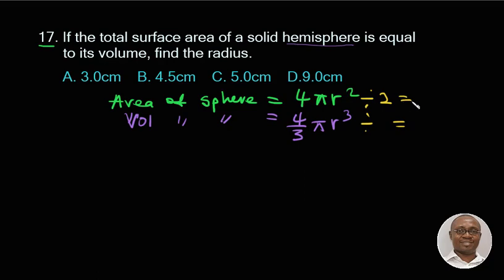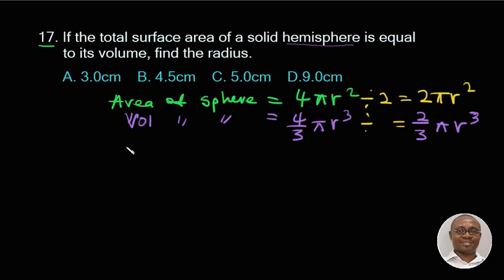So if this is divided by 2, we end up with 2 pi r square. And the second formula for the volume, if we divide that by 2 also, we have 2 over 3 pi r cube. Good.